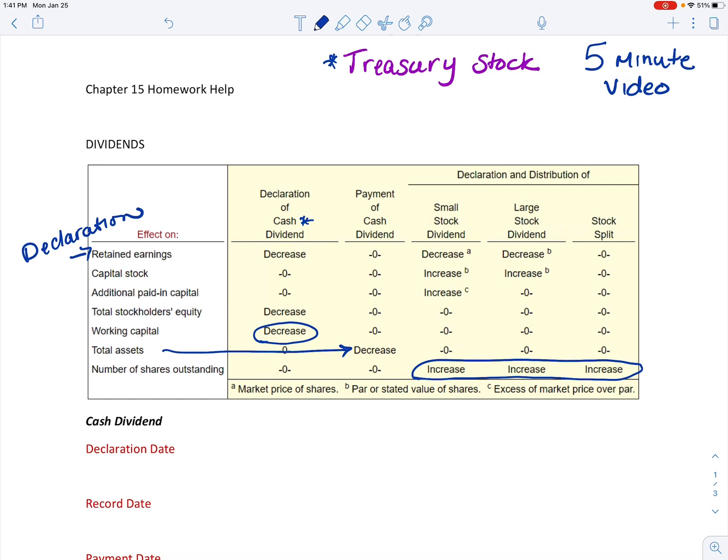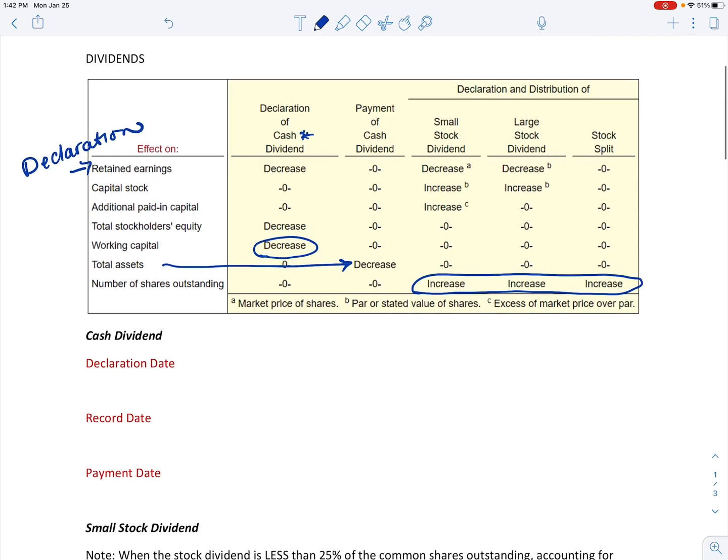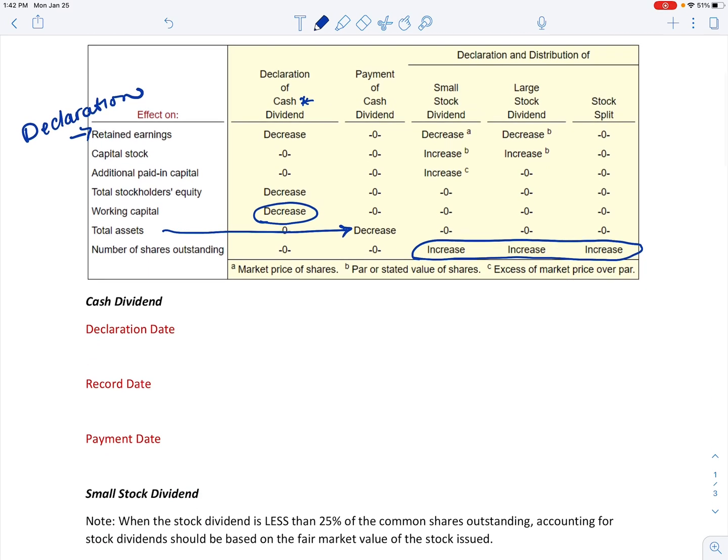So let's go through some of the journal entries for the different types of dividends, and then we'll look at the impact they have on our retained earnings and our additional paid-in capital and stockholders' equity in general. So if it is a cash dividend, if the company has some cash to pay out, they decide to do a cash dividend, we are going to debit our retained earnings and we're going to then credit our dividends payable.